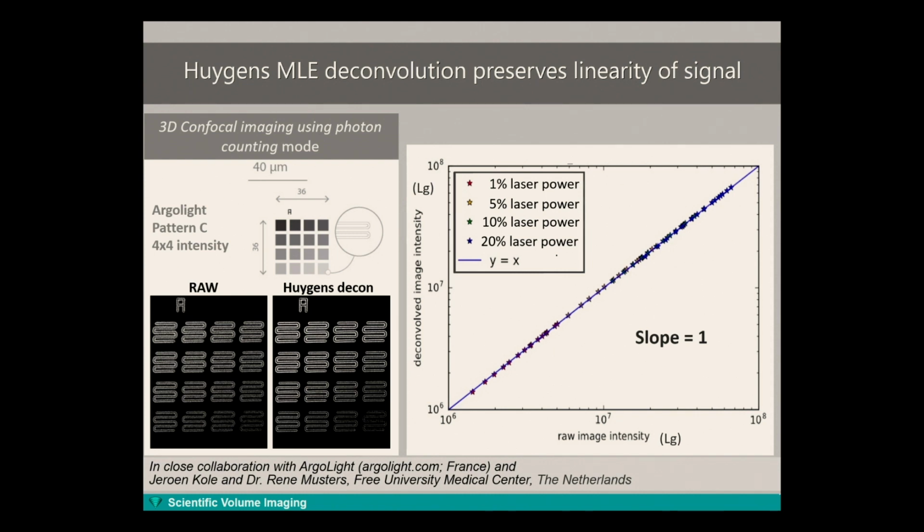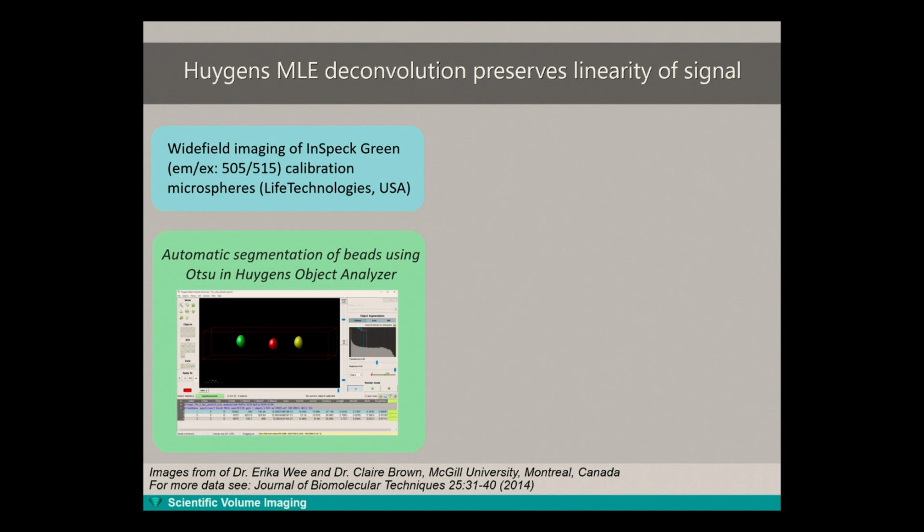This result has been obtained in collaboration with the group from René Musters at the Free University here in the Netherlands. A few years ago, we obtained images from Erika Wee and Claire Brown, and these images contain InSpeck beads from Life Technologies, which was a calibration set with increasing intensities in the beads.